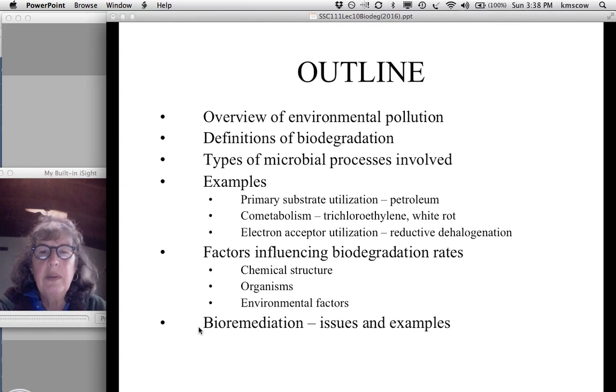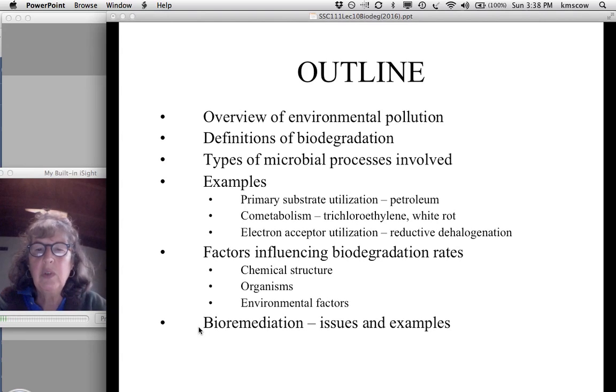Then talk a little bit about factors that influence rates of degradation of contaminants: the chemical structure itself, the organisms, and environmental factors, which of course often rule in soil where availability is such a big issue, and this certainly applies a lot to contaminant degradation.